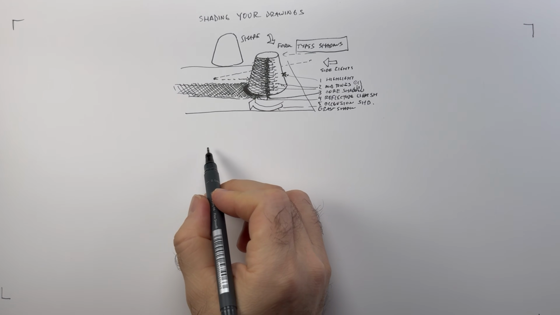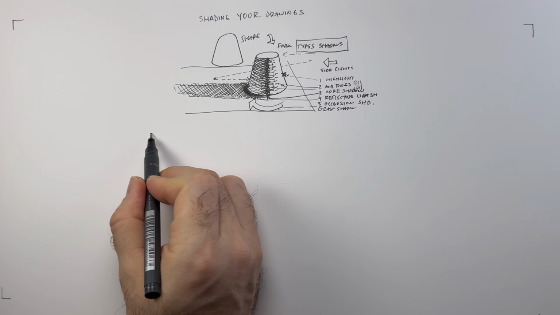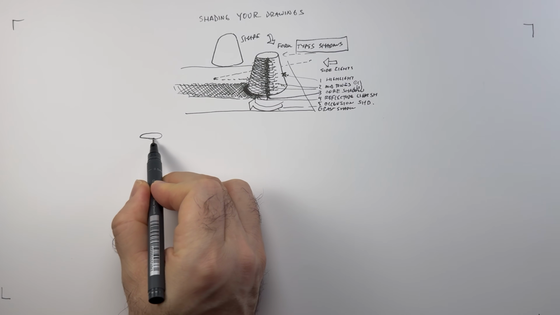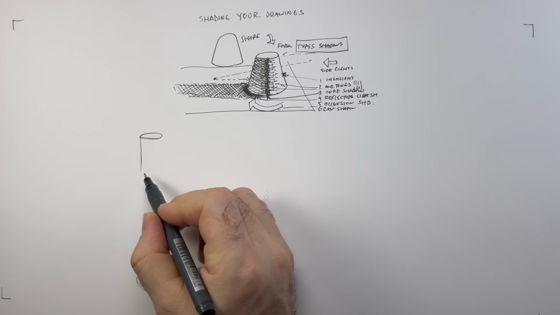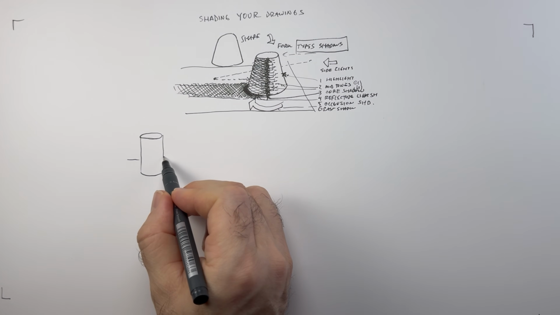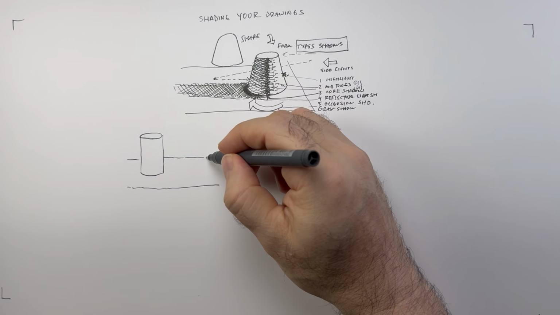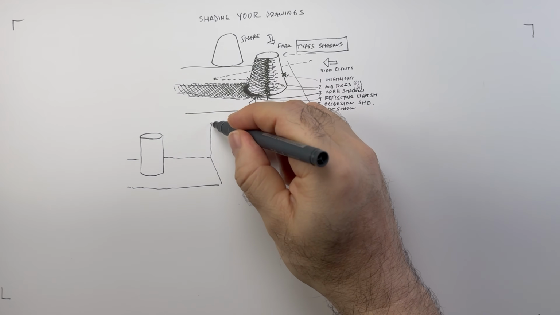All right, so in order to get you a really good understanding, let's actually go here. Let's do a simple cylinder. And let's say that's on some kind of like a, just maybe a runway or a plane or something. And then you have a wall.